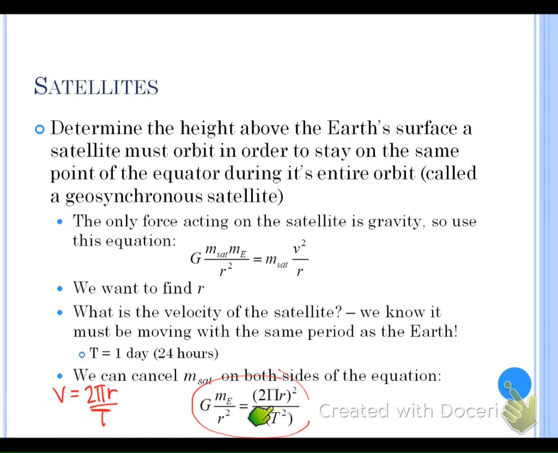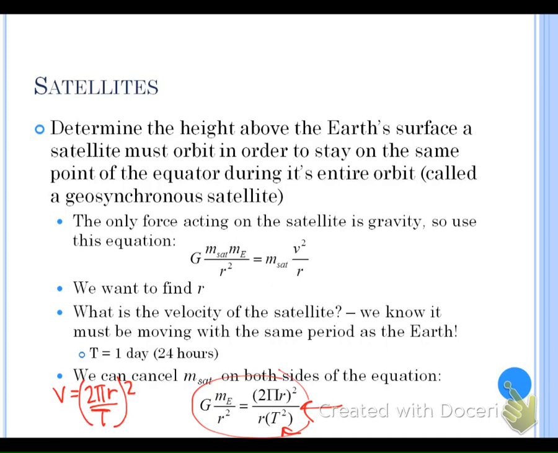In this equation, velocity was squared, V squared over r. So we have to square this whole term in order to put it into this equation. So we take 2 pi r squared and we square t on the bottom. We took velocity out because we weren't given velocity, but we know what t is, so we're able to work with that.